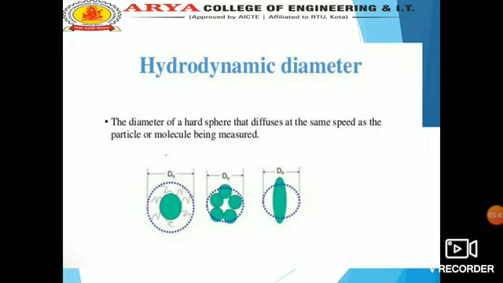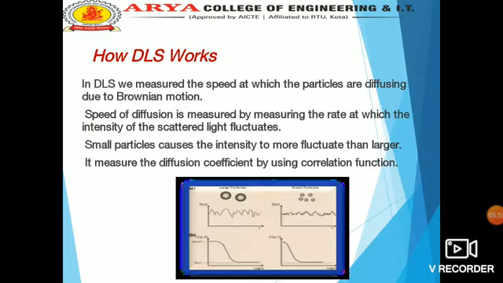We can see the hydrodynamic diameter in this diagram, and we should know how DLS works. We measure the speed at which the particles are diffusing due to Brownian motion.